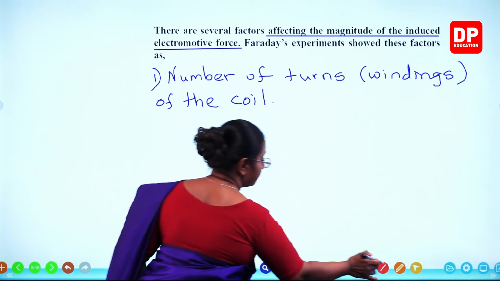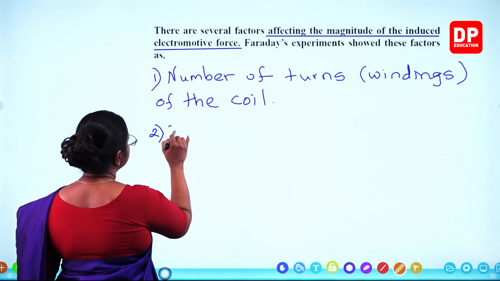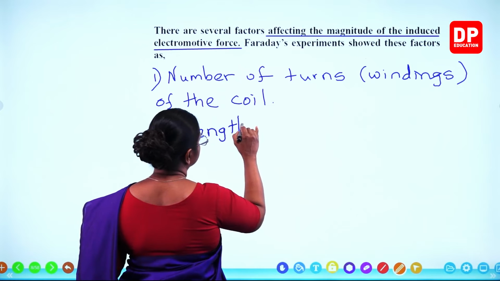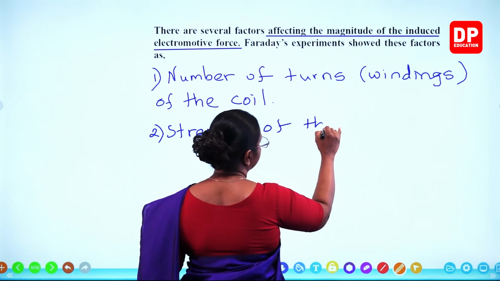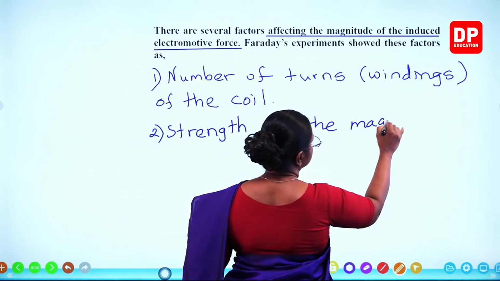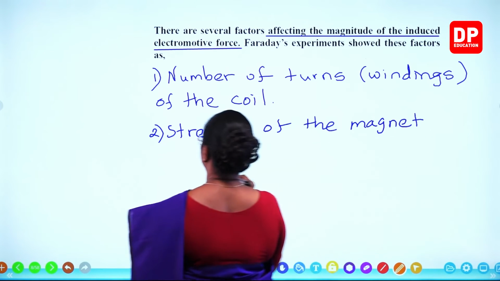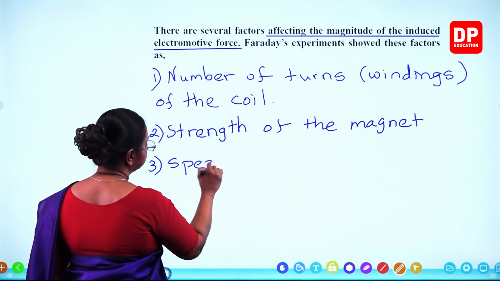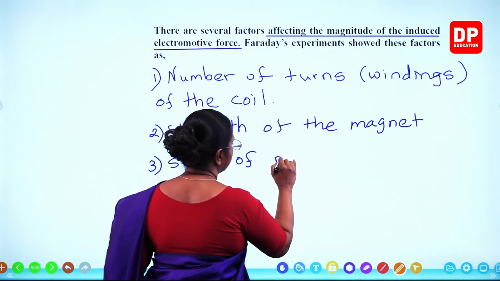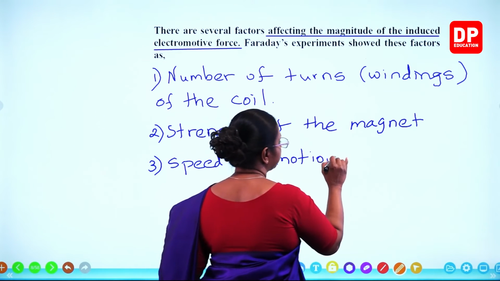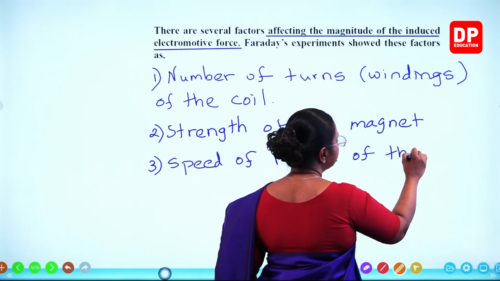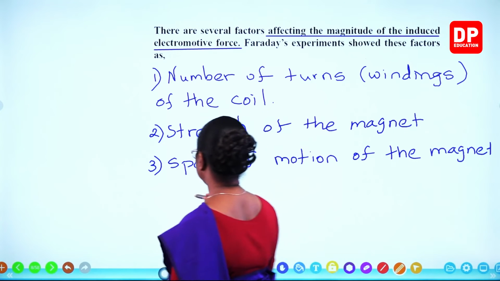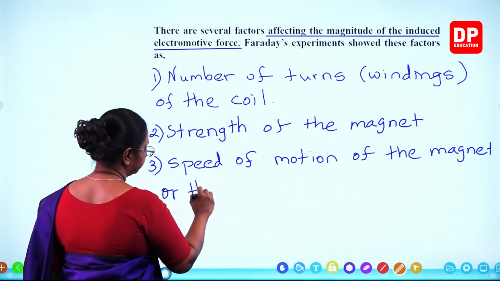Then we can say strength of the magnet. And finally, the speed of motion of the magnet or the coil.